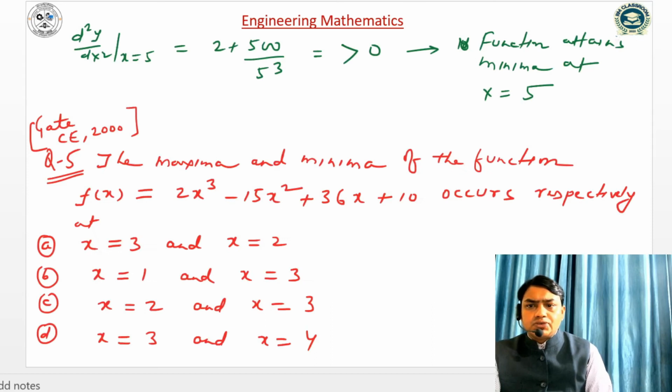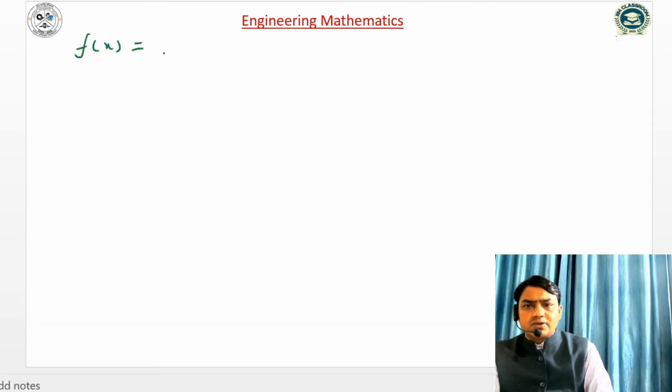So f x is equal to 2x cube minus 15x square plus 36x plus 10.